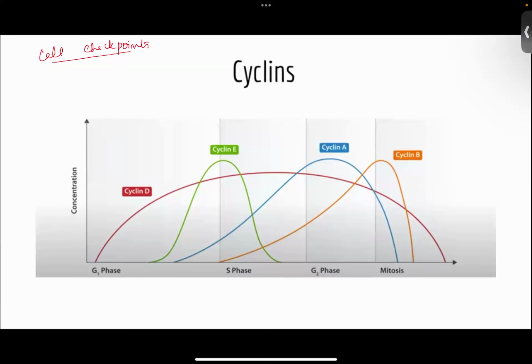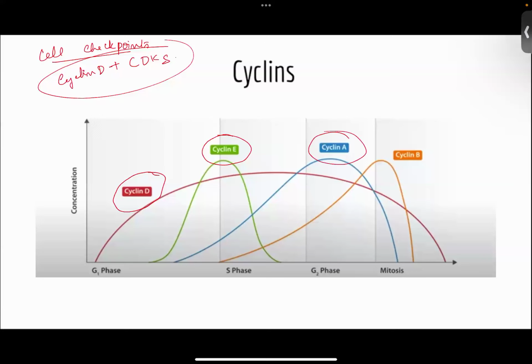This is maintained by proteins called cyclins. A cyclin will not act independently; it is activated by a protein called cyclin dependent kinase, and they form a complex. Then this will act. You can see that during G1 phase cyclin D is higher, in S phase cyclin E is higher, and in G2 cyclin A is higher.